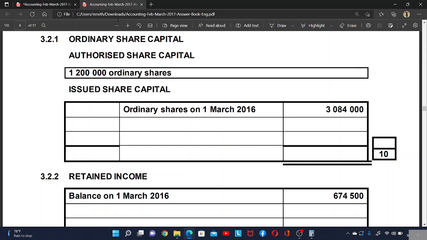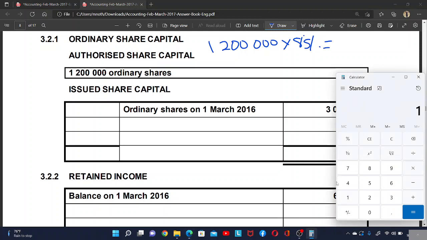Okay, so let's do some calculations. The authorized shares, 1,200,000 times 85% is equal to 1,020,000.